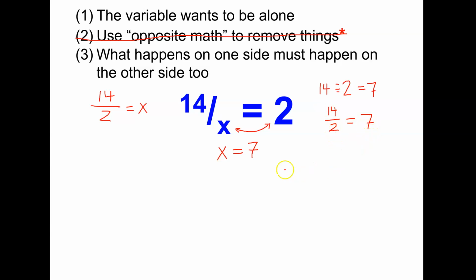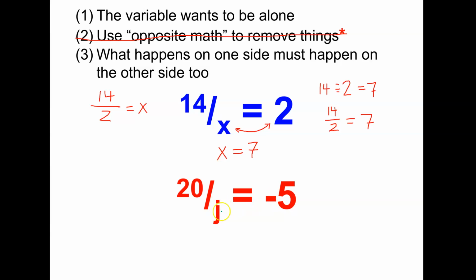And if we go back to the original problem and replace the variable with a 7, 14 divided by 7 gives us 2. Here's another example. 20 divided by j equals -5. We know that if we tried to use multiplication here, 20 multiplied by -5, we would get -100.